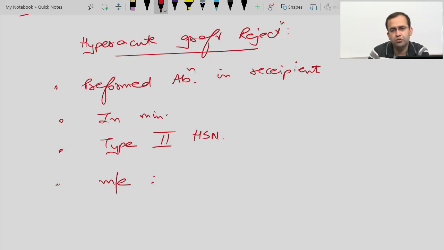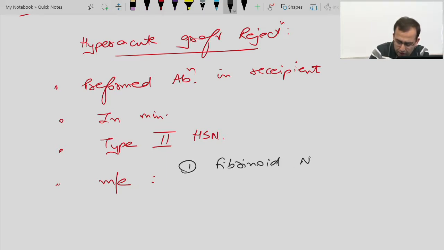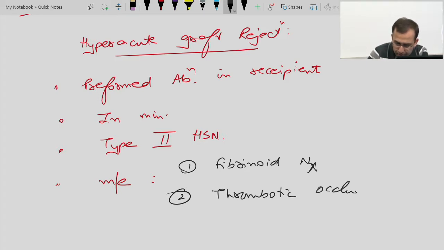Microscopically it shows two lesions. The first is fibrinoid necrosis. Whenever we made the list of fibrinoid necrosis, we wrote graft rejection hyperacute phase. Fibrinoid necrosis and thrombotic occlusion of capillaries.